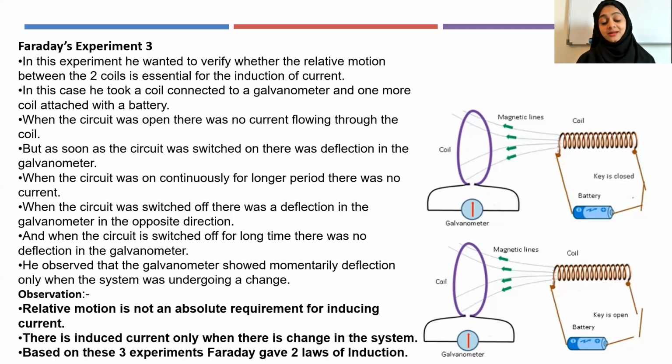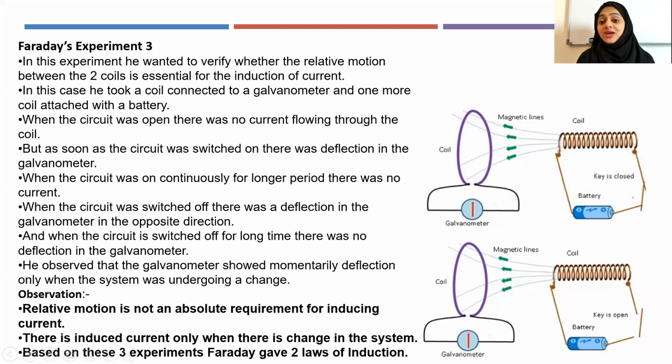Yes, teacher. So, is movement necessary? Is relative motion essential? Yes, for the other two experiments, but for the third one, it's not necessary. Even without moving them, we can produce electric current. What we have to do is switch on and off. When we switch on and off, what is changing?